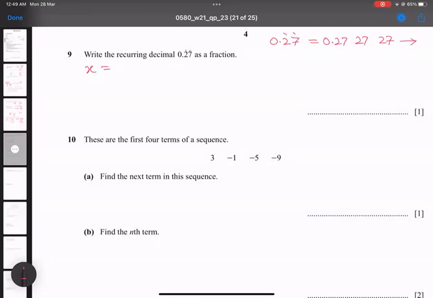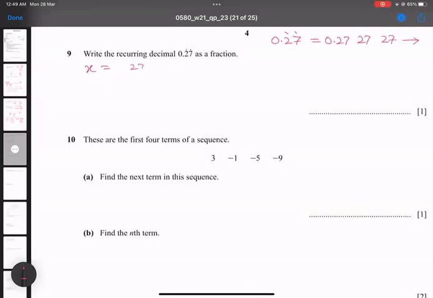So I assume x as 0.27, 27, 27, and it continues forever. And if I multiply by 100, the logic comes, why by 100, sir? Because two numbers are the same and I need not one jump.